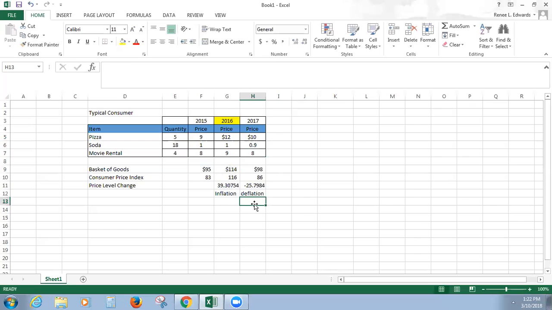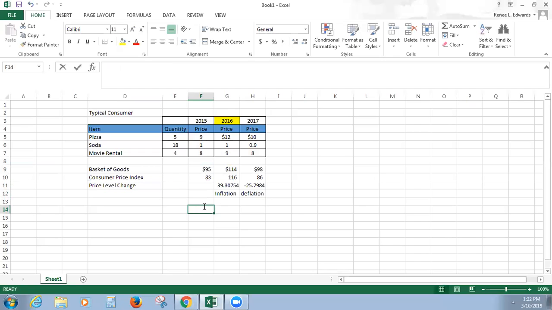All right, so remember whenever it's asking you about whatever the price level changes, you just want to go to the previous period. So if I ask for 2017, you compare new minus old over old for 2016. If I ask for 2016, you're going to take the price index in 2016 minus the price index in 2015 divided by the price index in 2015.